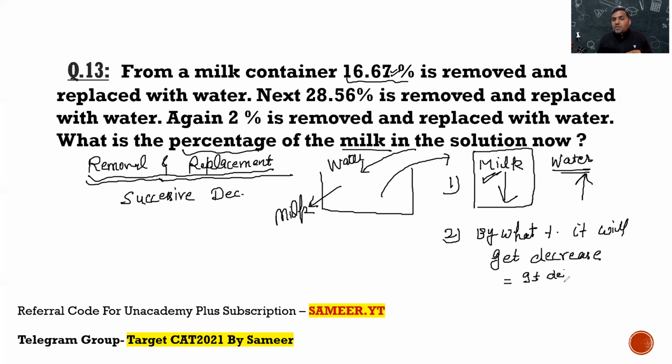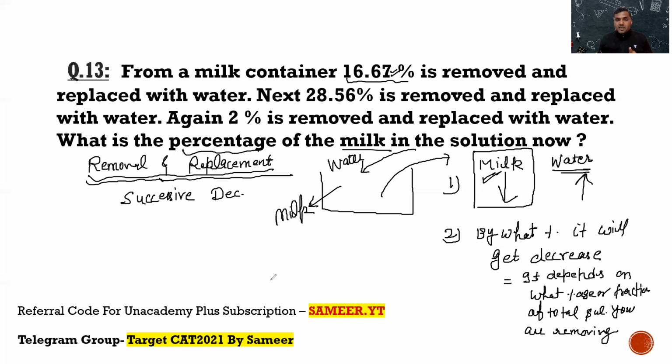It depends on what percentage or fraction of total solution you are removing. So these are the two things that you need to know, and you will get your answer of this type of question in one single line.